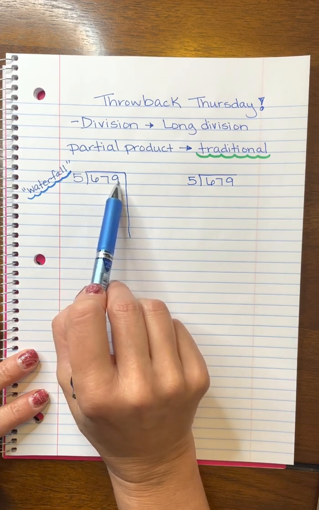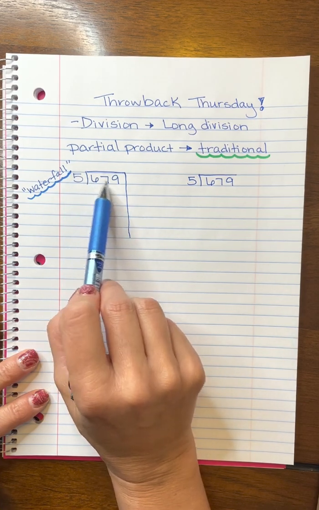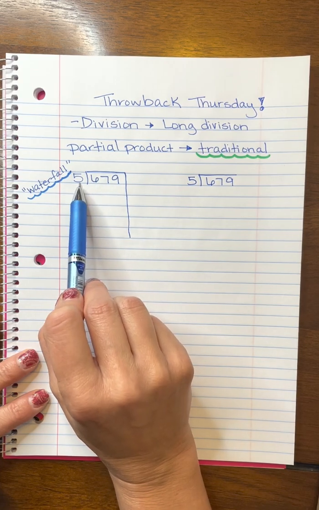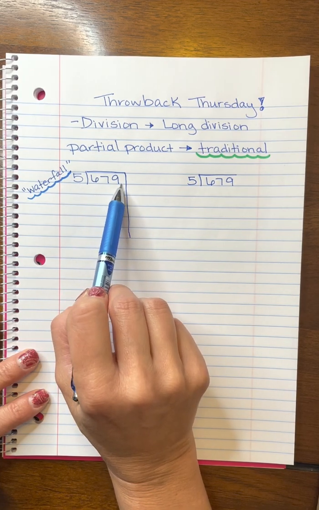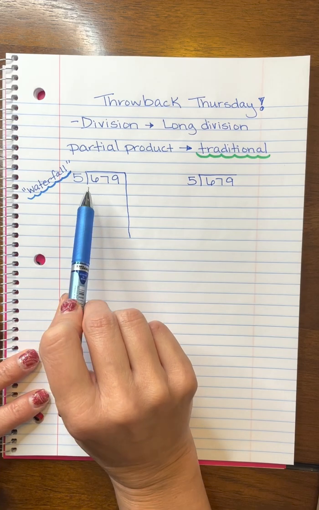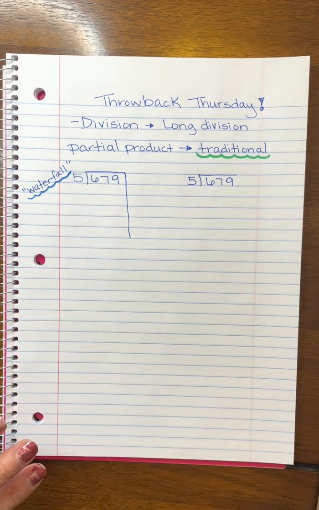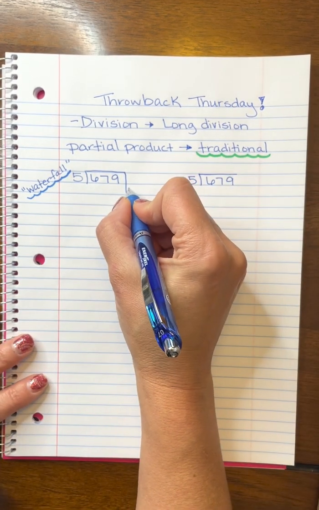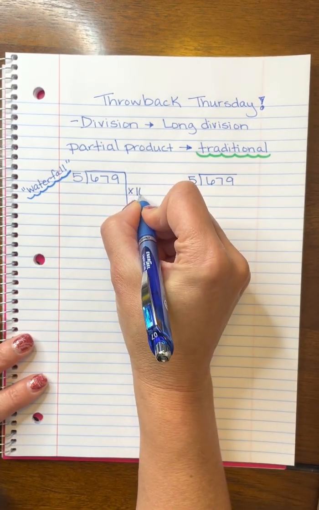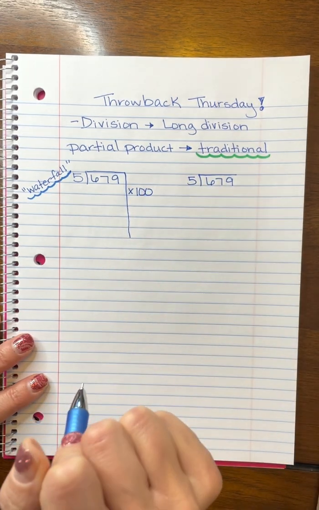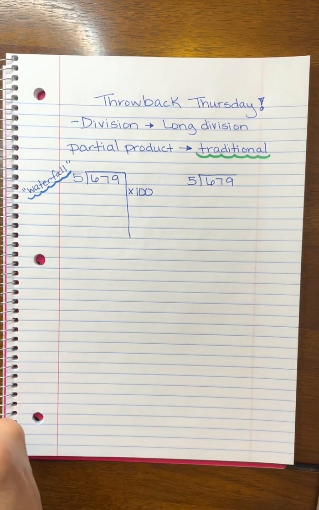All right, so first thing I'm going to do is look at 5, and I'm going to look at 679. Now, I know that if I multiply 5 times 100, that's going to get me pretty close to 600. So I am going to start by doing 5 times 100.